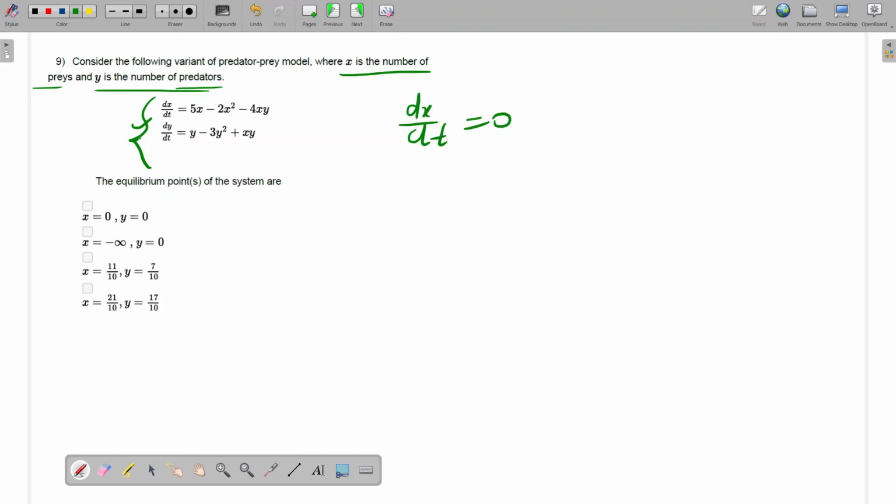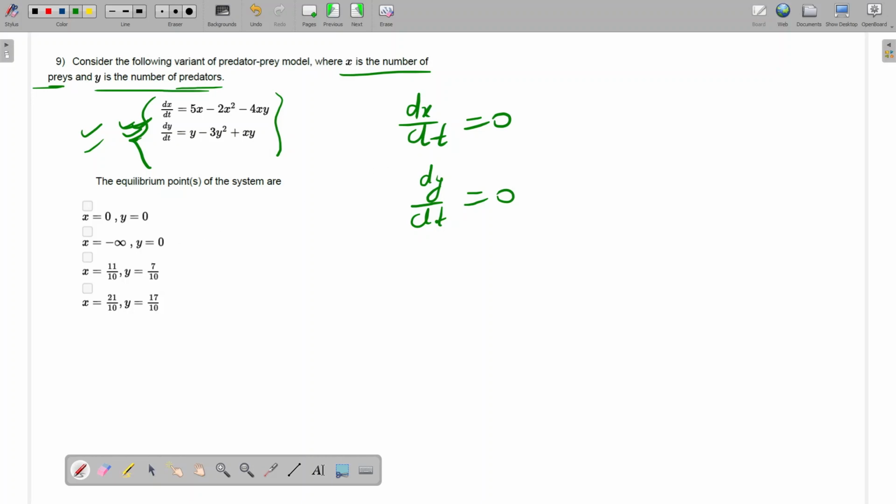This kind of theory is already covered in the video lectures, so if you go through them you will find it. Predators are killing the prey, and this system is modeled by these equations. So how can we find the equilibrium point? dx by dt should be equal to 0 and dy by dt should be equal to 0.